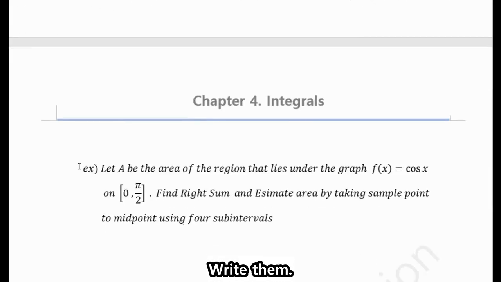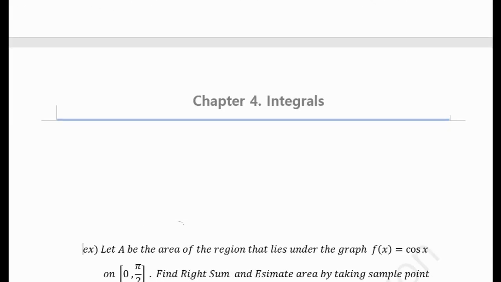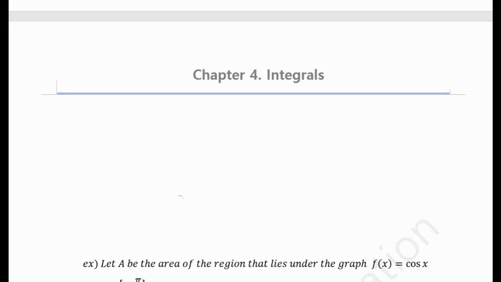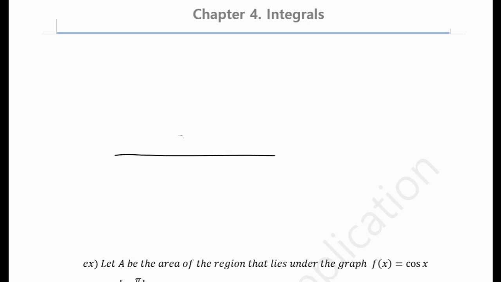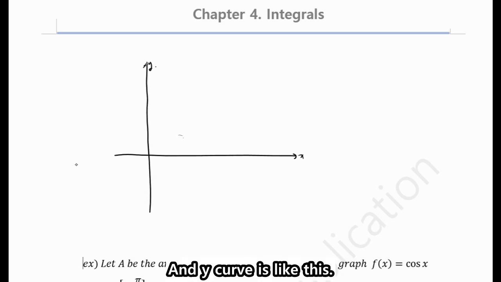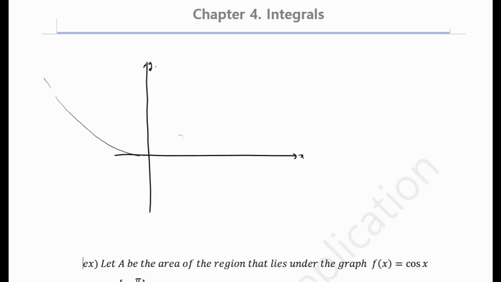The right sum is, I will draw a graph. This is x and this is y, and y equal x squared is like this. This is 1 and 1, with subdivision points 1 over 8 up to 7 over 8.